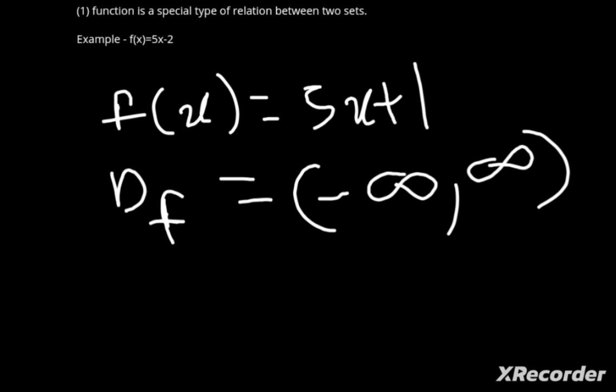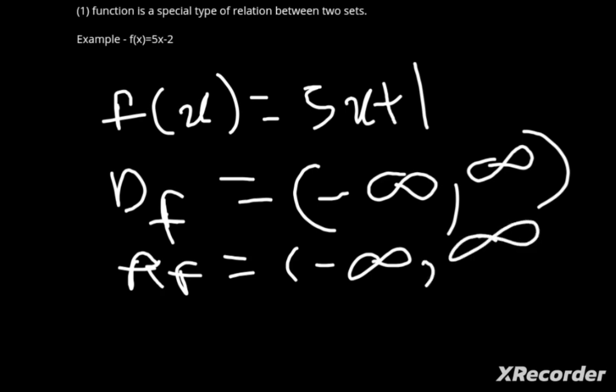We will get a definite result, or an indefinite one such as infinity. And what is the range of this function? The range will simply be the same as the domain, because we get the value as it is. So the range is minus infinity to infinity only.